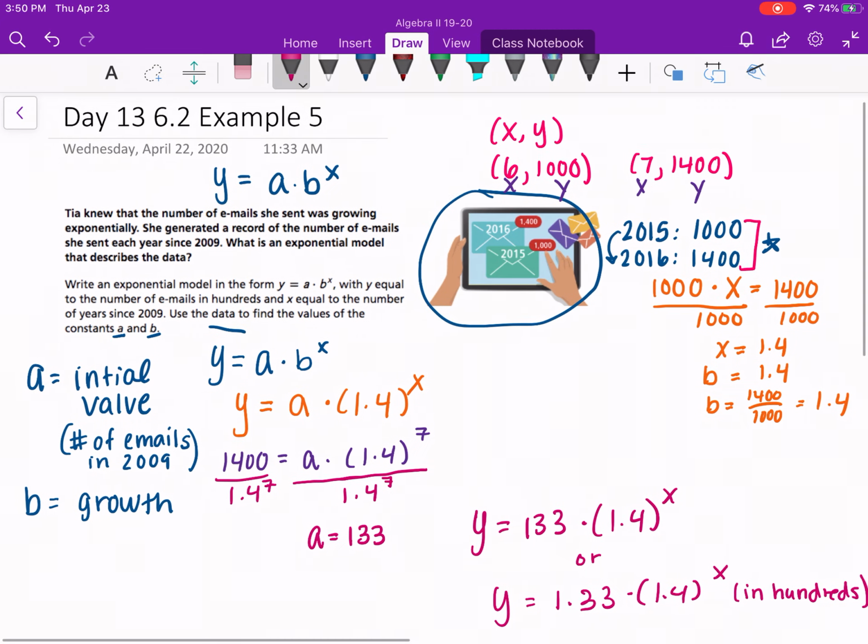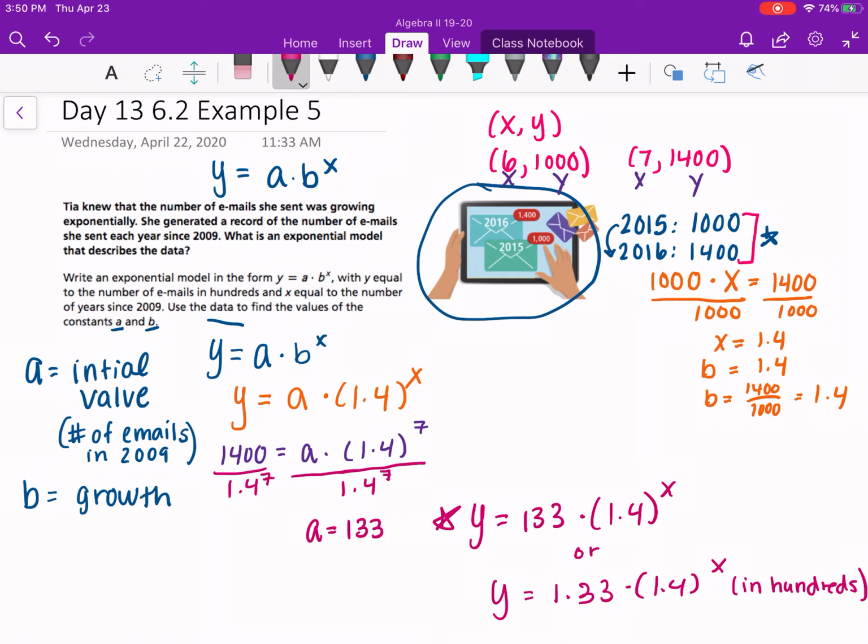I prefer you just do this one because that is the initial value. She got about 133 emails in 2009. But that's your final answer. So for the outputs, just divide the bigger one over the smaller one, and that's how you get b. And then the trickiest part is coming up with these x and y's, but then plug them into your equation, and you'll solve for a.